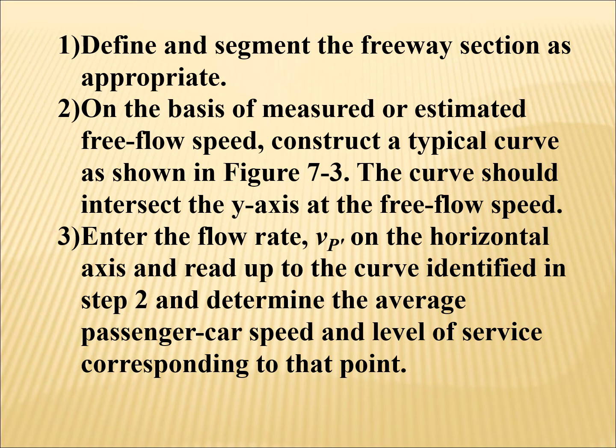Step 3, enter the flow rate V sub P on the horizontal axis. The horizontal axis is basically representing V sub P. Enter the flow rate V sub P on the horizontal axis and read up to the curve identified in step 2, and determine the average passenger car speed and level of service corresponding to that point.